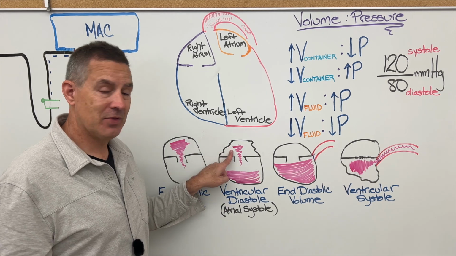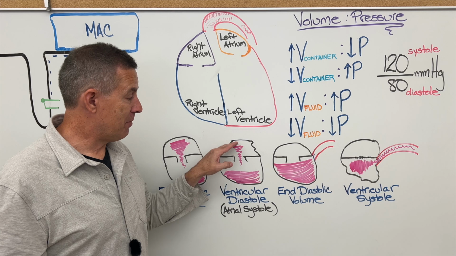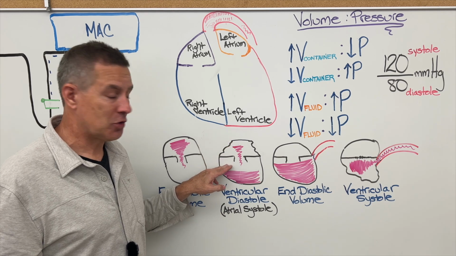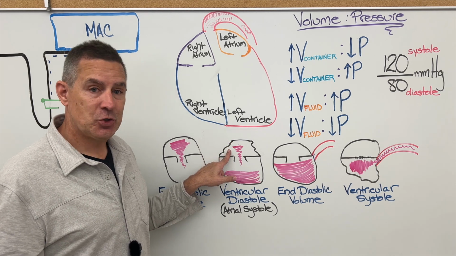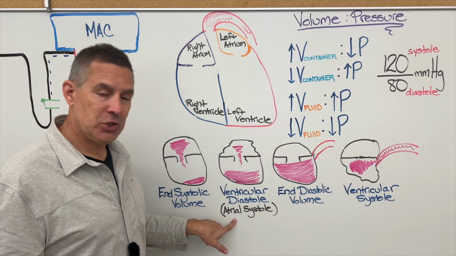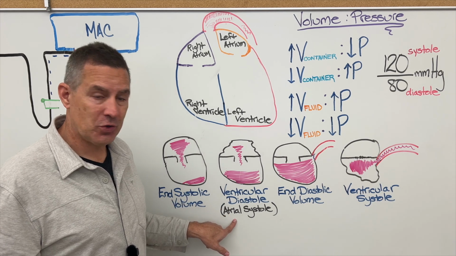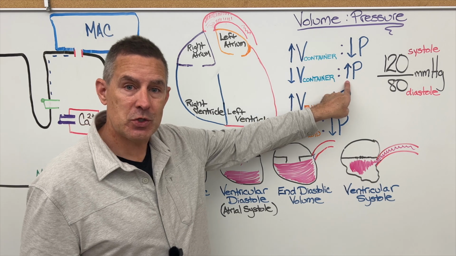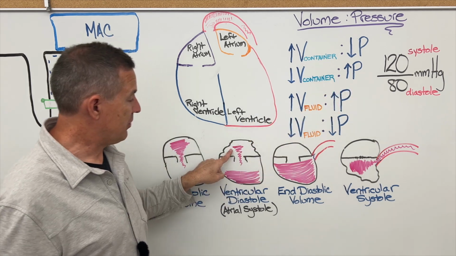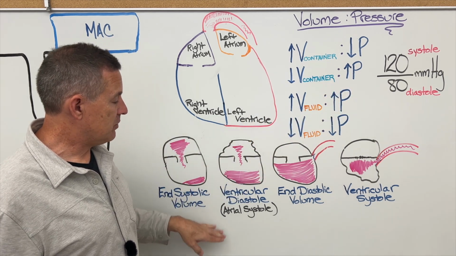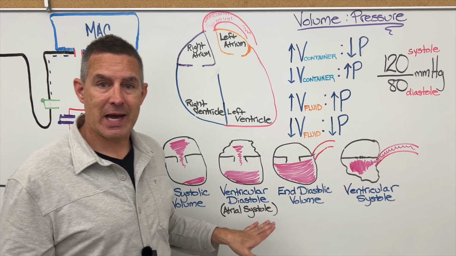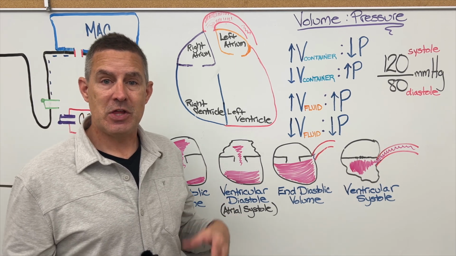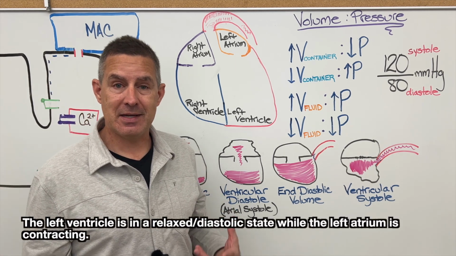What needs to happen in the left atrium to ensure the remaining blood gets into the left ventricle is atrial systole, atrial contraction of the atria. By decreasing the volume of the container, we're going to increase the pressure in the left atrium, and that moves into here. This is during ventricular diastole, that is to say, the heart is in a relaxed state. It is not pumping.